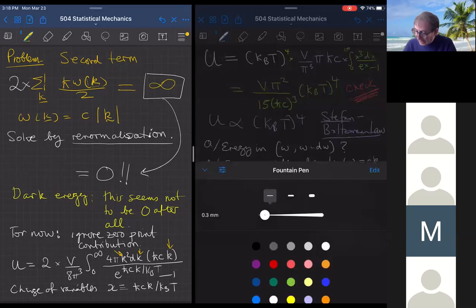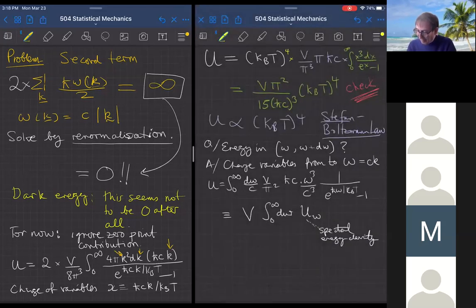And then we can read the formula for that off from the integral above, and so what we get is that u omega is just h bar over pi squared c cubed times omega cubed over e to the h bar omega over k_B T minus 1.